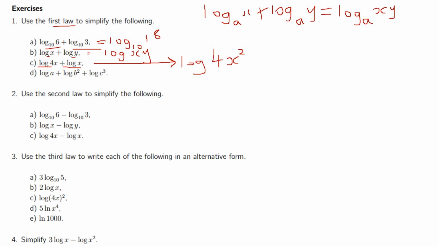For part D, taking our time, doing it bit by bit, the first part I will get log to the base, whatever that something is, of a times b squared. So the final answer is log of a b squared c cubed, because it's all being multiplied together, using that first log law.